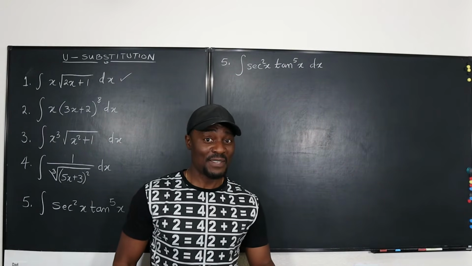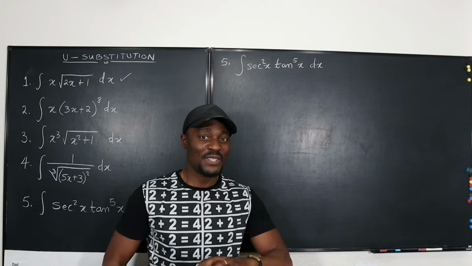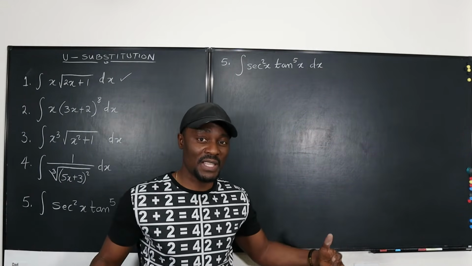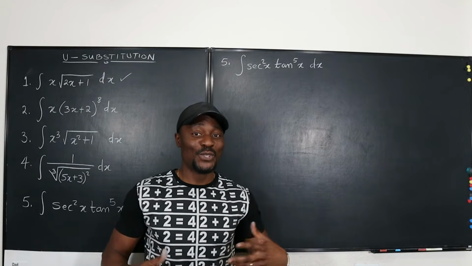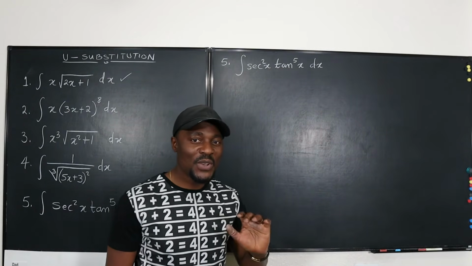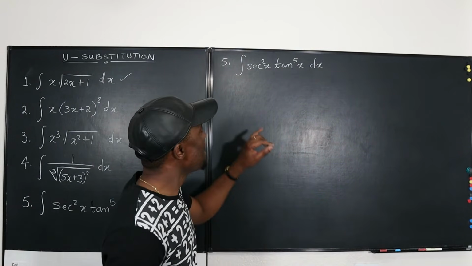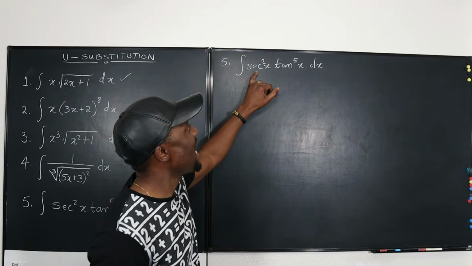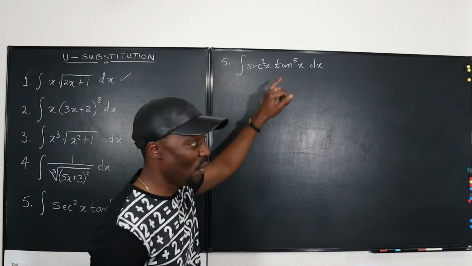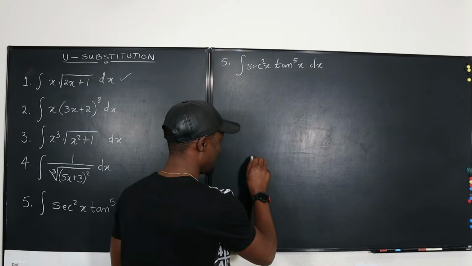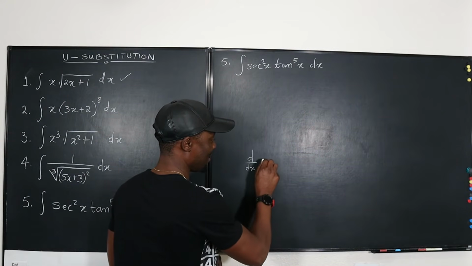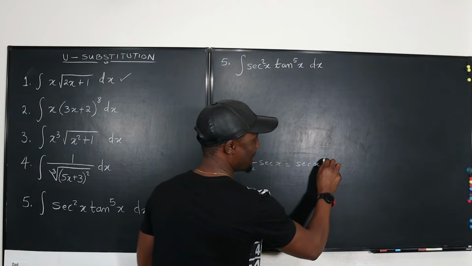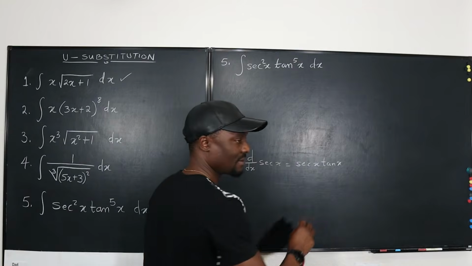Okay, this number 5 is quite interesting because this is the general rule for trig. Once you see two trig functions multiplying each other, you want to look at one of these functions and say, if I take the derivative of secant, will I get anything that contains tan? Well, if you recall, the derivative of secant x is actually secant x tan x.